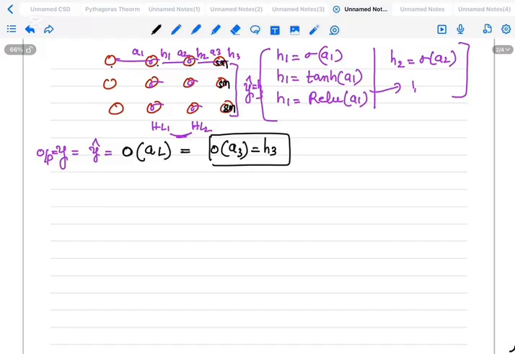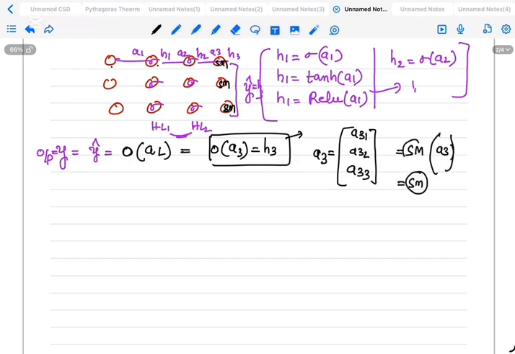Softmax of A3 equals A31, A32, A33. That is the third layer vector, A3. So that is softmax of A31, A32, A33.